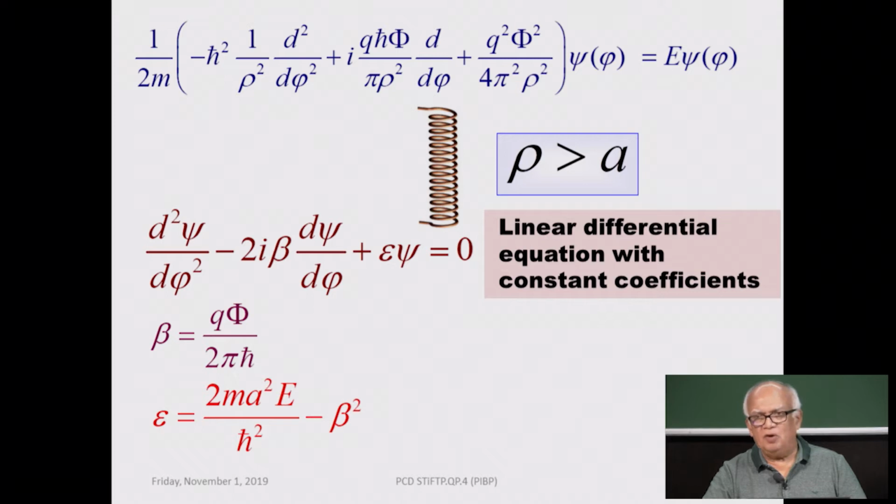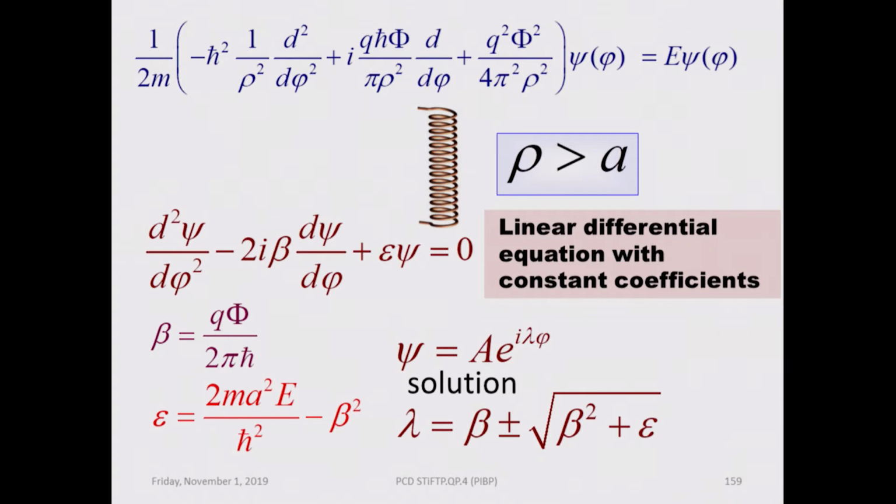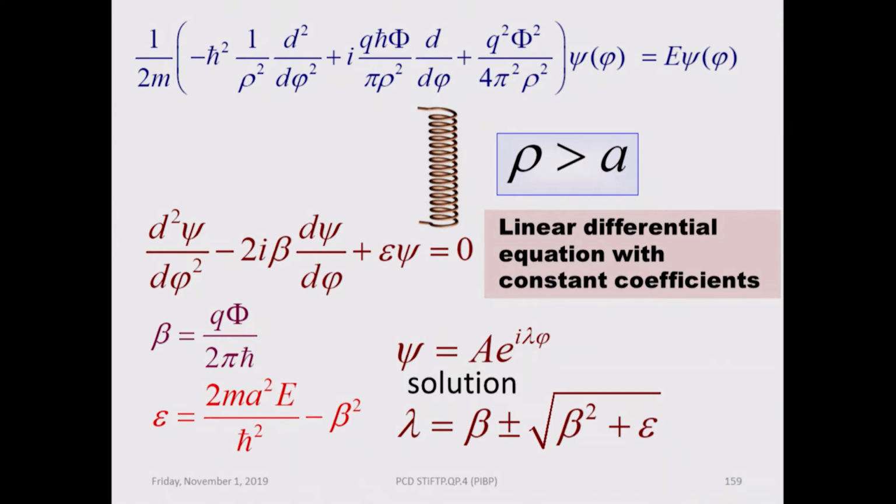Equations of this kind you would have solved umpteen number of times. So, it has a solution which is simply a e to the i lambda phi, right, where lambda is, you will get a quadratic equation, and the solution is beta plus or minus root of beta square plus epsilon in the notation that we have used.